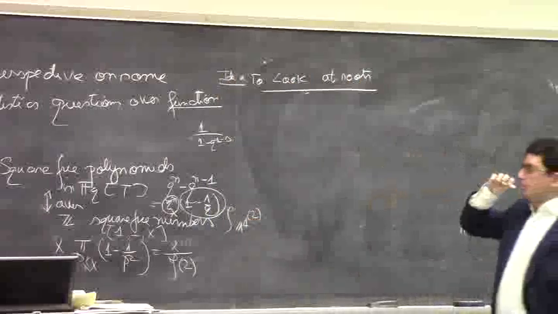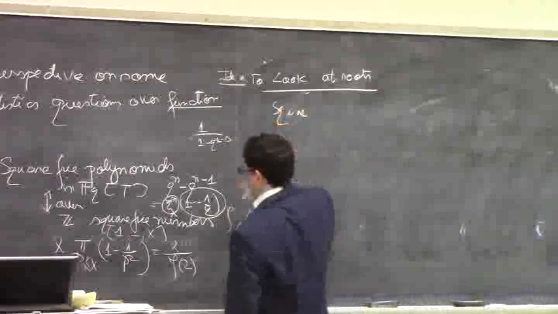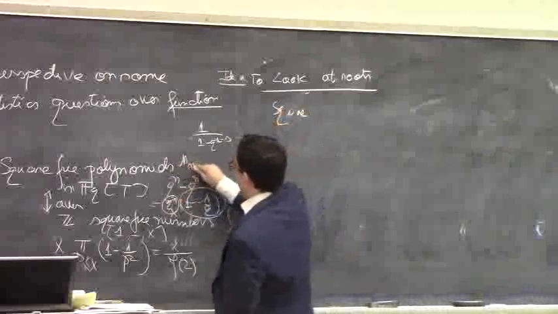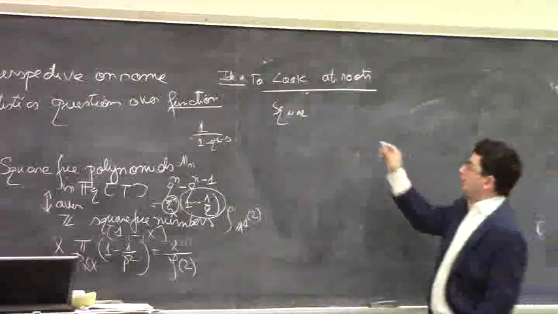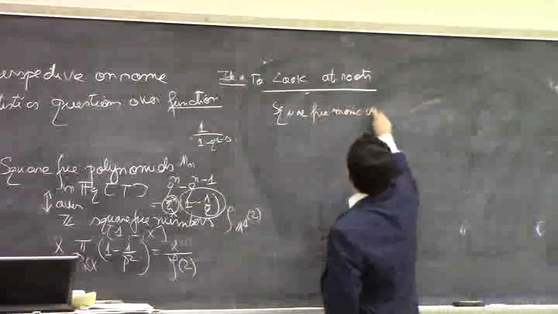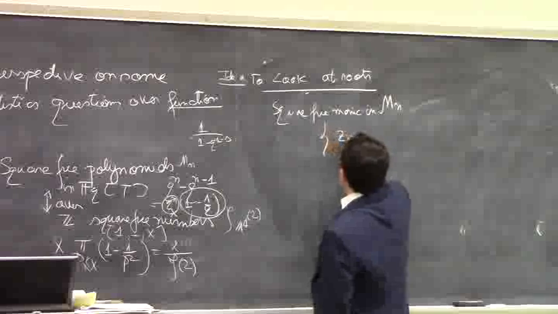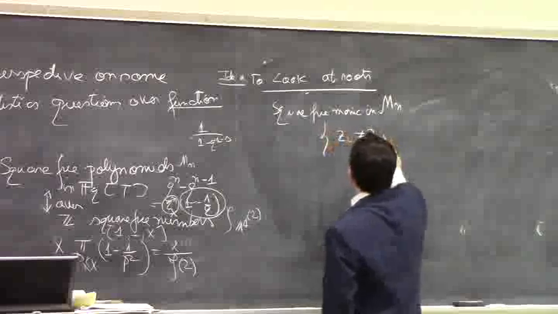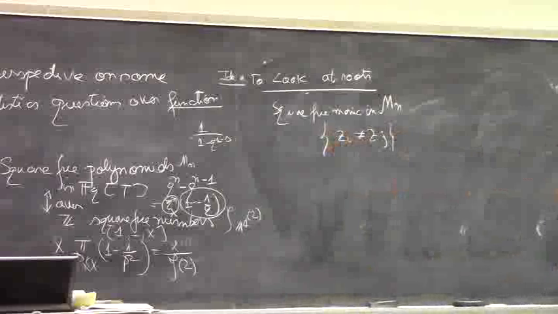If you look at the roots of that polynomial, which is square free, and I should say also in M_n. If I forget to say this, always picture in your mind that I'm talking about M_n. So square free monic in M_n. If I look at the roots, I have z_i not equal to z_j.